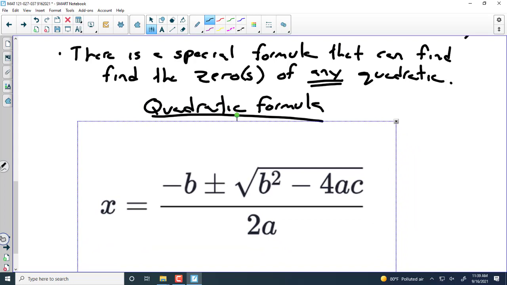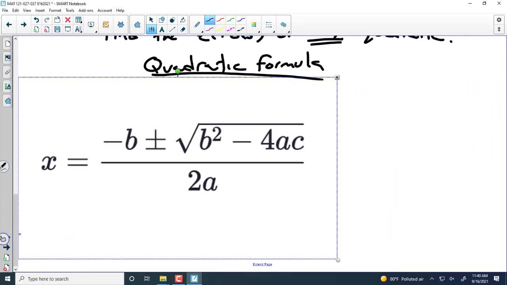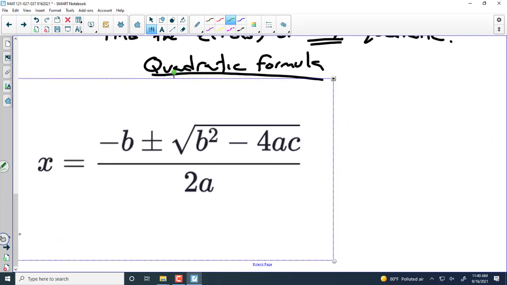It's okay if you haven't. It's also okay if you have. It's called the quadratic formula. You actually hear about the quadratic formula quite a bit, and even when people don't have it memorized, they still remember hearing about it.